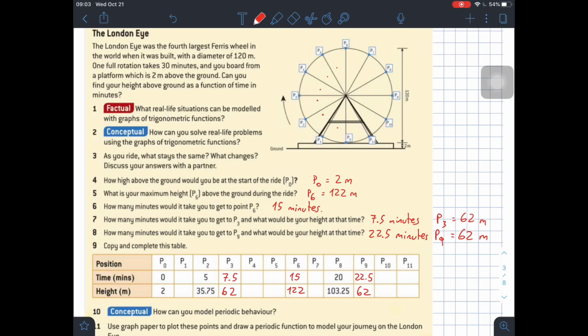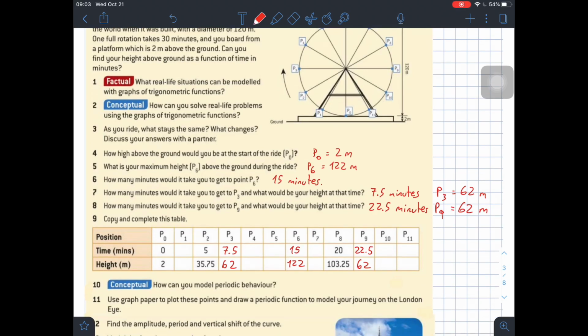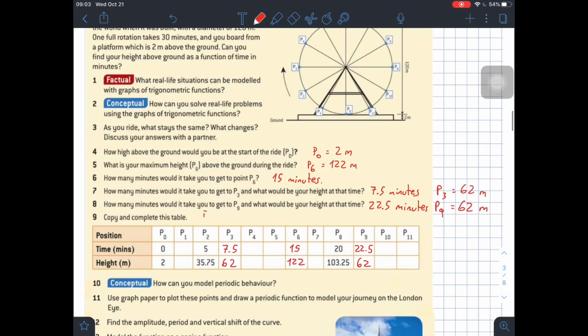That means that if we divide one full rotation, which is 30 minutes, by 12, then each position takes 30 minutes divided by the number of pieces, which is 12, and this is equal to 2.5 minutes to reach.